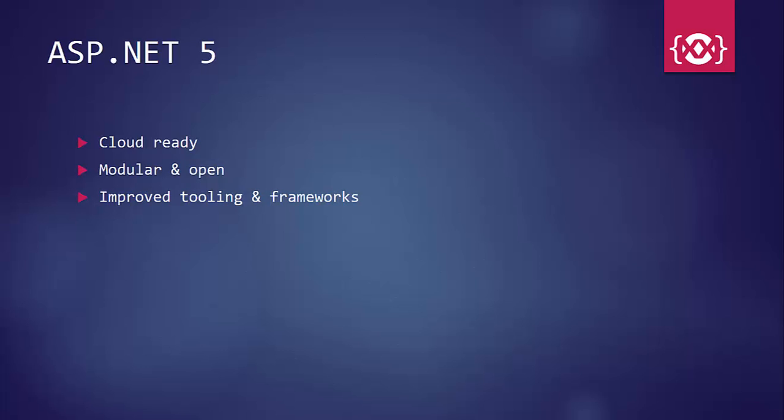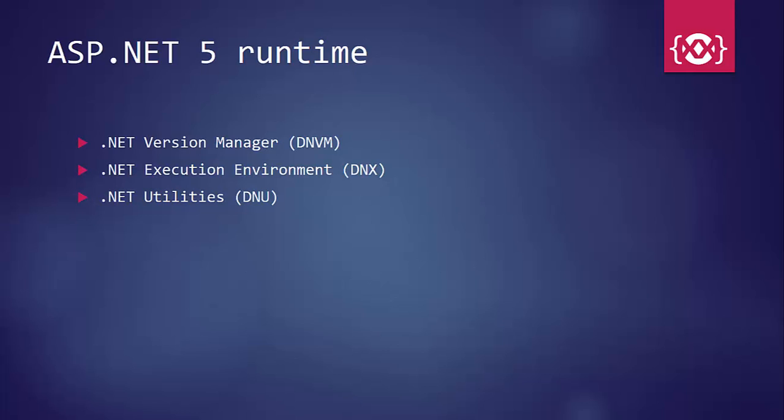Now, if we're going to be doing ASP.NET 5 apps, we need to understand a bit more about the runtime. There are three core components that we need to wrap our head around to make the understanding a bit easier for us. So number one, we have DNVM, which stands for the .NET Version Manager, and it's basically the version manager tool for all our packages. Next, we have DNX, which is the .NET Execution Environment.